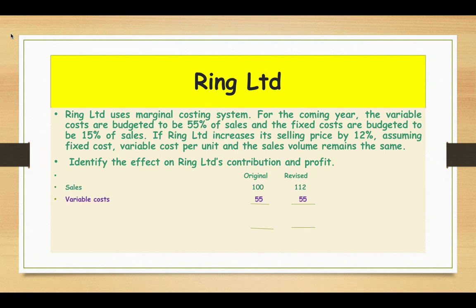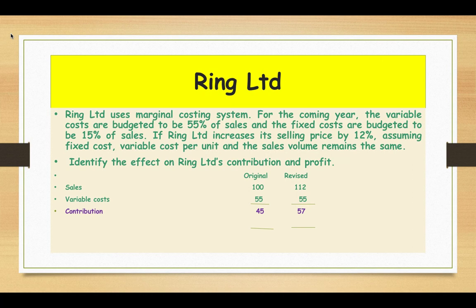Now the original variable cost is 55% of sales, which is £55. But the question says the variable cost remains the same. So the variable cost is going to be 55 even for the revised, under the new price.